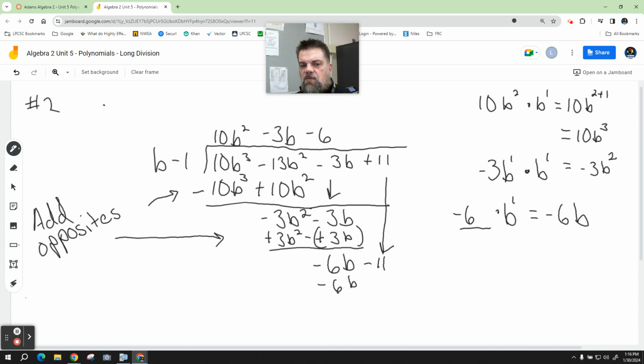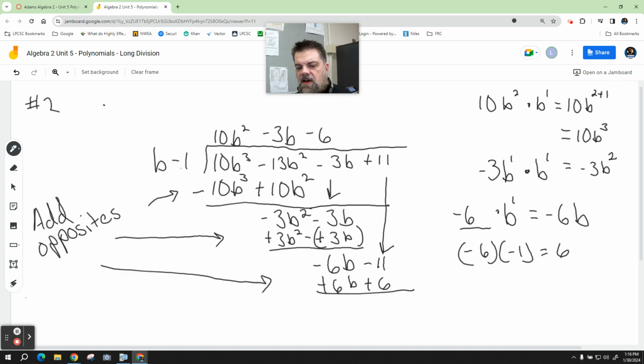That works. But then what's negative 6 times negative 1? That's positive 6. Again, we add our opposites. This becomes a positive 6b. Those two add up to 0, and then this becomes negative 5. That's our remainder.